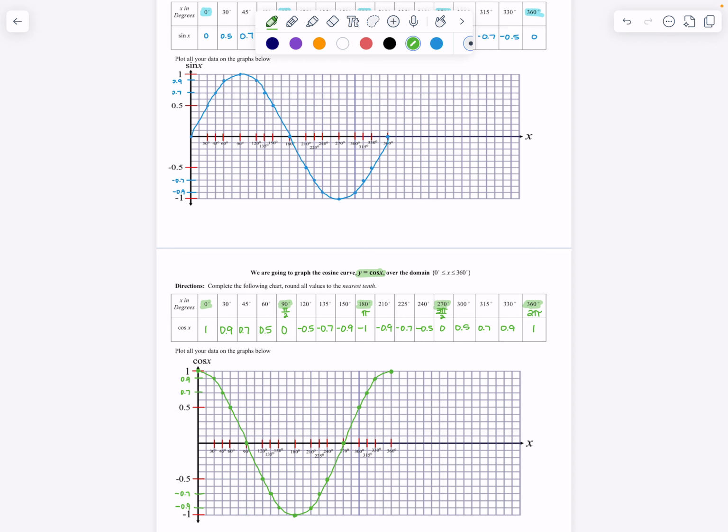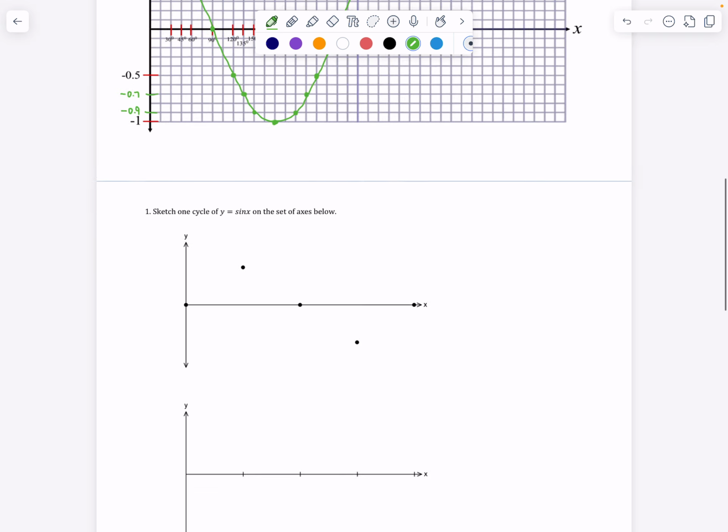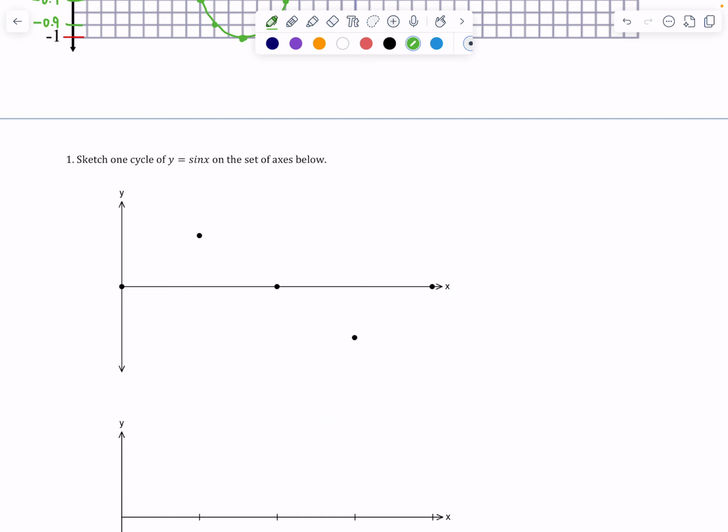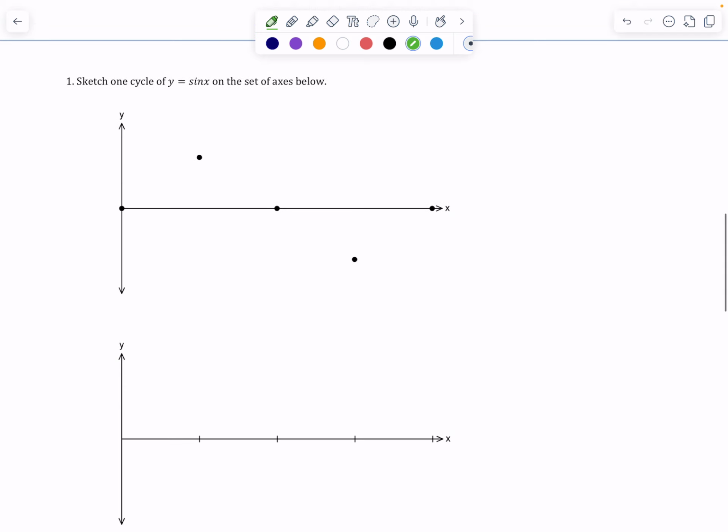Okay, so the next thing that I'm going to have you do is just remember, we're going to graph a sine curve. So what I did here is I plotted what's called a critical point.